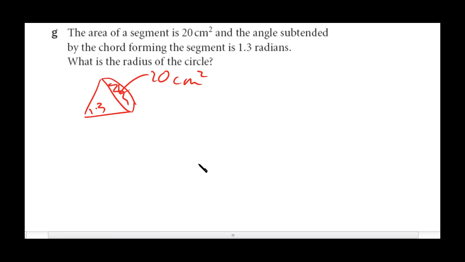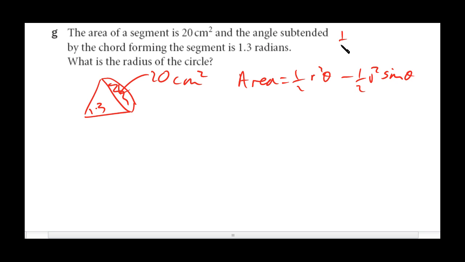What is the radius? We know that this area here, if we use what we did in the last question, was basically the area of the sector, which is a half r squared theta, minus a half r squared sine theta.